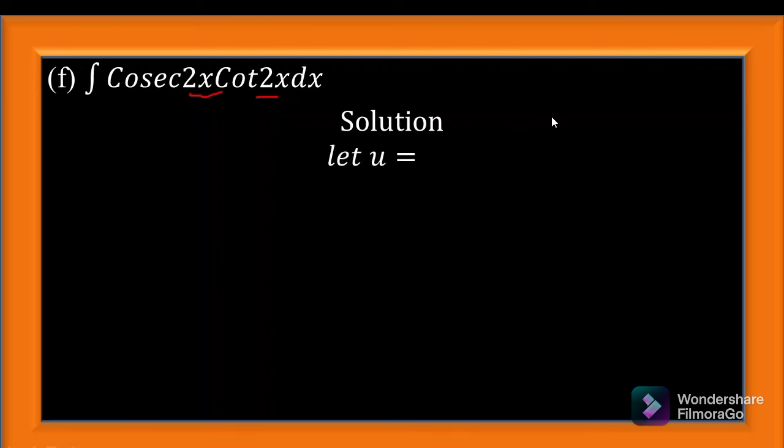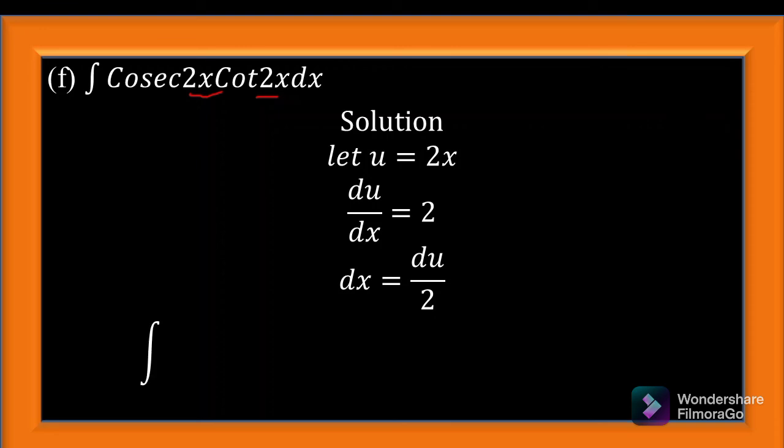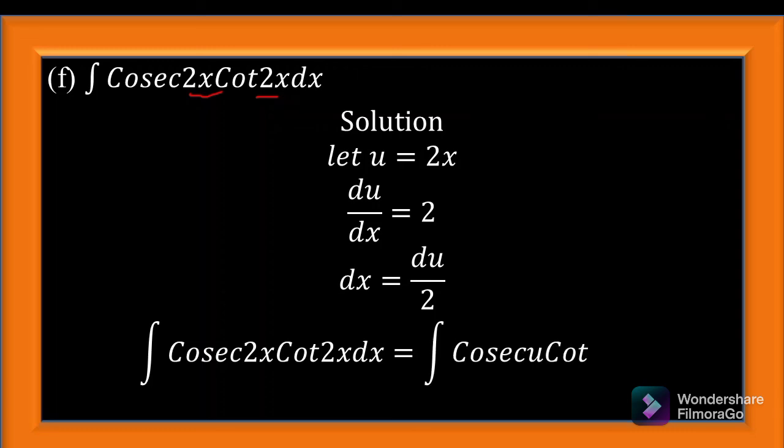So we let u to be 2x, differentiate, you get du dx as 2. Make dx the subject, you get du out of 2. Get back to your integral, cosec 2x cot 2x dx, and our integral will be the integral of cosec u cot u du out of 2.